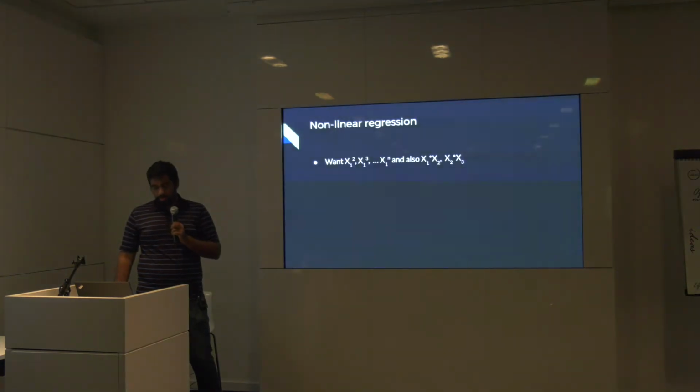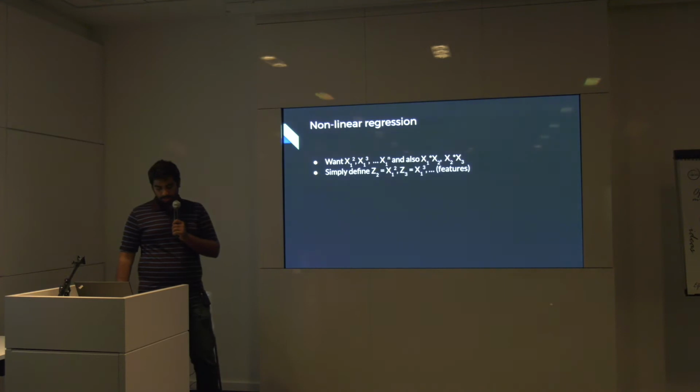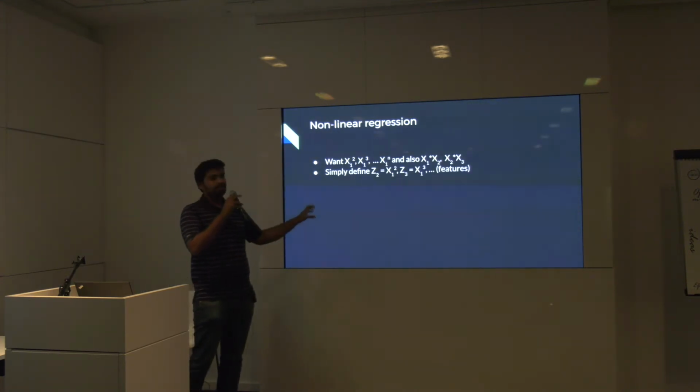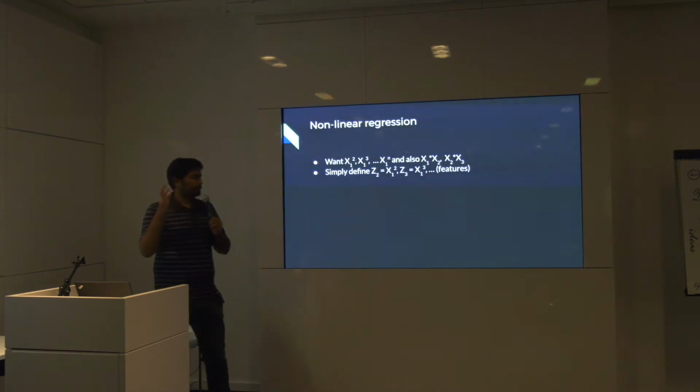So if you want terms like x1 square, x1 cube, or interaction terms where you multiply two components together, you can reformulate the problem by saying that I'll define a new variable z2 as x1 square, z3 as x1 cube, and so on.